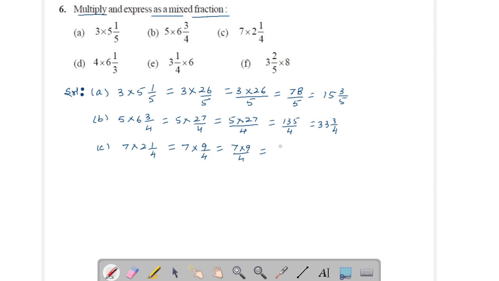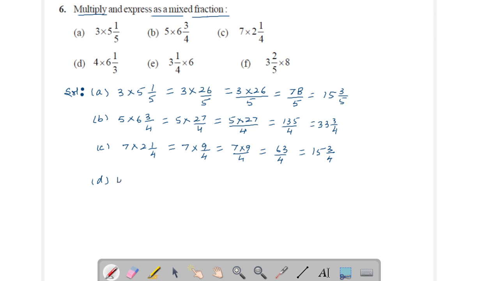That is 63 upon 4. Convert into mixed fraction. You will get 15, 3 upon 4. This is your answer. Now come to D part.